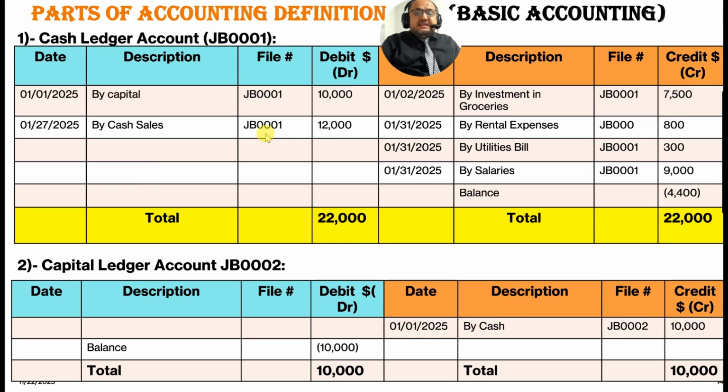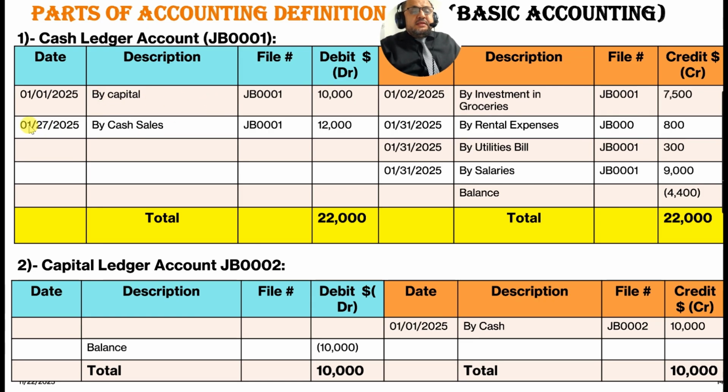Although all these entries are related to the cash ledger account, why did you write capital here? The reason is that there is a principle to write the source by which the amount comes to you. These 10,000 come to us from the capital account. The capital account is the source of receiving this cash. That's why we write it down here as capital.